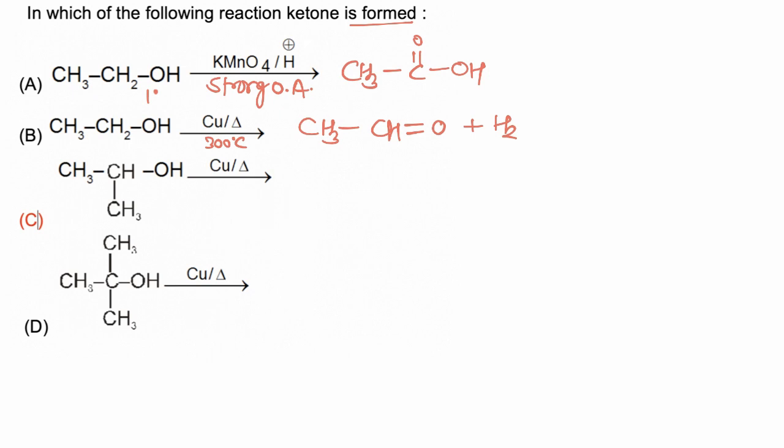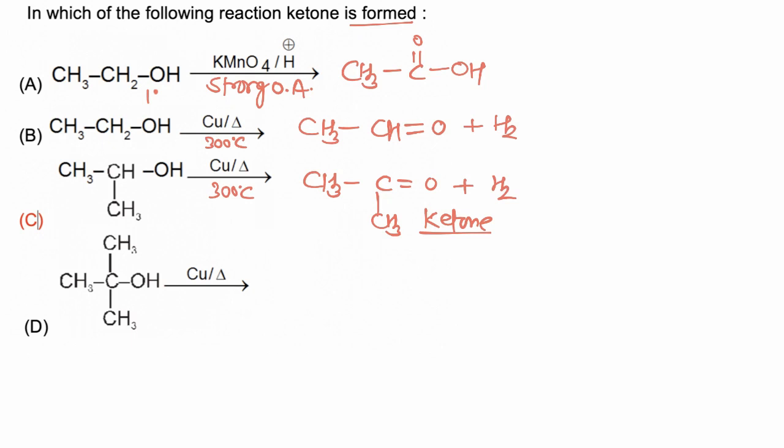Now this reaction is called dehydrogenation or oxidation, and this will lead to formation of acetaldehyde. In the third case, when a 2 degree alcohol is heated in presence of copper at approximately 300 degrees Celsius, again a hydrogen molecule is released and an oxidation reaction takes place, and in this case acetone, a ketone, is formed as a product.